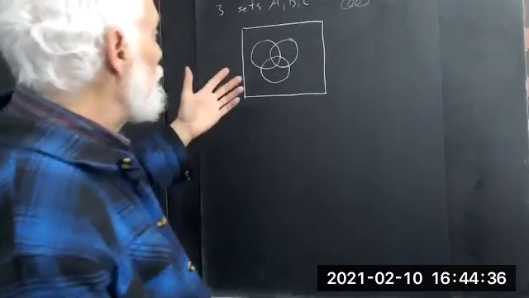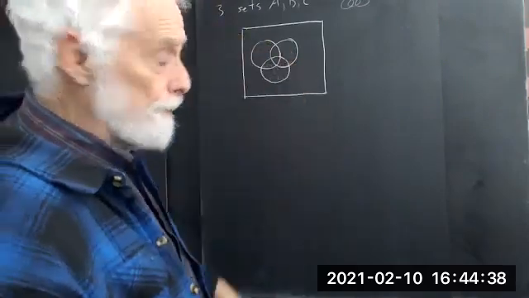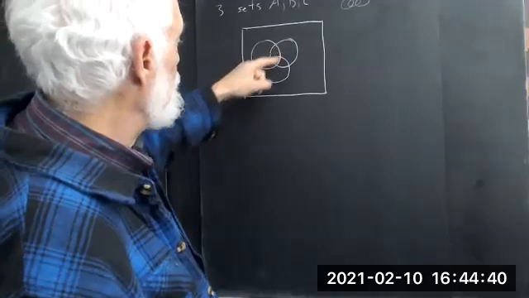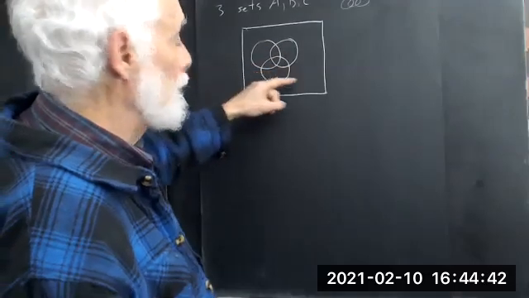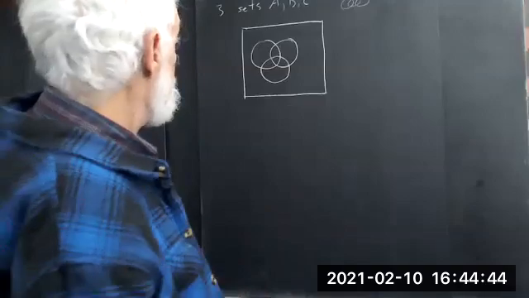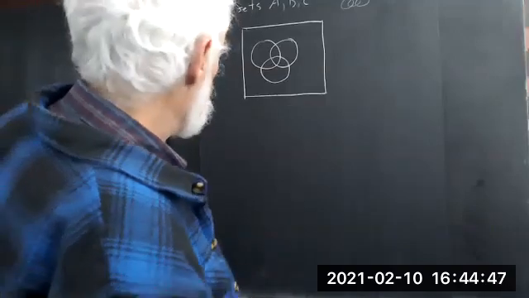Now this divides the Venn diagram into 1, 2, 3, 4, 5, 6, 7, 8 regions. Okay, 8 regions.